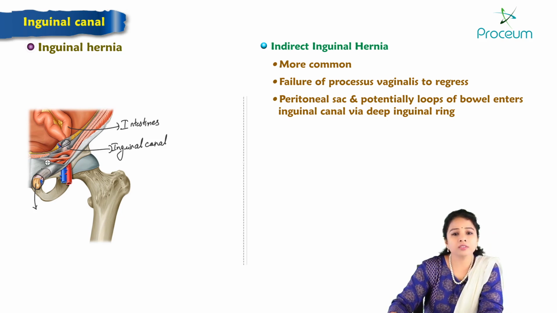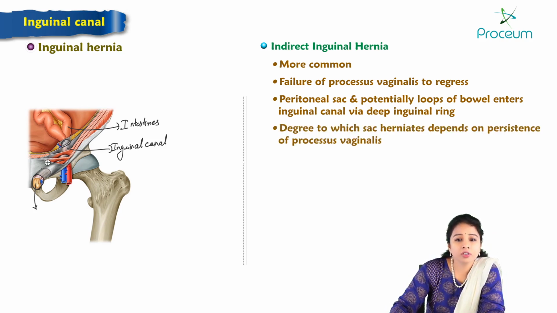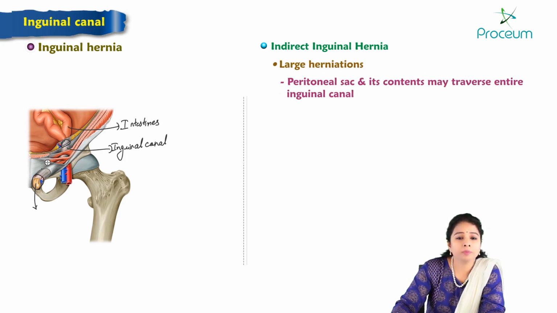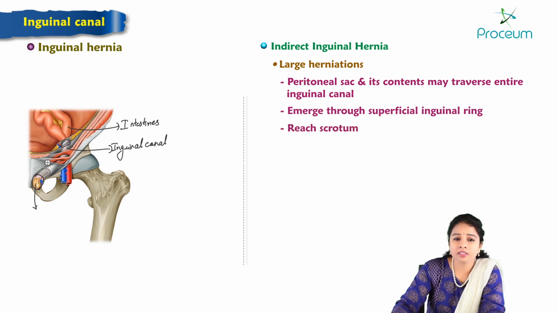So this is called an indirect inguinal hernia. The degree to which the sac herniates depends upon the persistence of the processus vaginalis. Large herniations are possible in which the peritoneal sac and its contents may traverse the entire inguinal canal and emerge through the superficial ring and reach the scrotum.